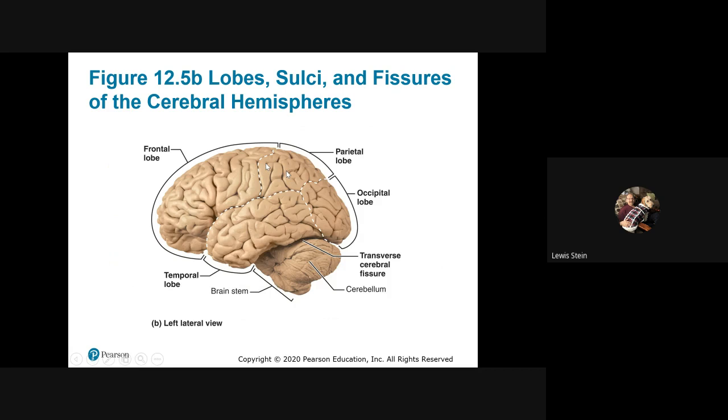That's where the feeling comes from. Occipital lobe is about vision. Temporal lobe is mostly hearing, but also a little bit of taste and smell. It's sort of a mixed lobe. There's even a lobe deep inside called the insula, which is very primitive and plays a role in some of those as well. And there's the cerebellum underneath, in that fissure you'll be able to see in the dissection.